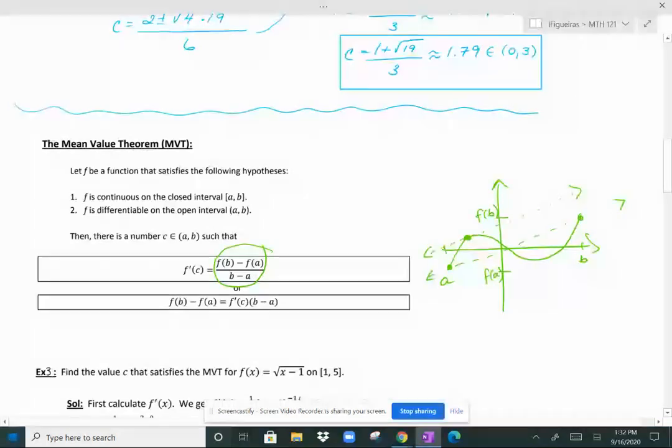And remember, the slope of that tangent line at c is f prime of c. So that's basically what the mean value theorem is saying, that the slope of the tangent line at some value c is the same slope as the secant line between the points with x values of a and b. And there could be more than one c value, but they're saying there's at least one.